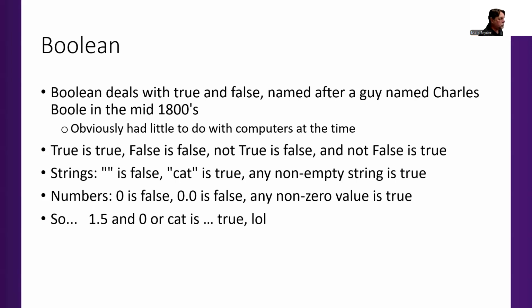So if you wanted to use strings and decimals in Boolean logic expressions, you can, and Python will try to infer what the heck you were thinking when you did that. So then at the bottom, that last line, I have an expression, 1.5 and 0 or cat. That is an expression, and it evaluates to true. So there you go.